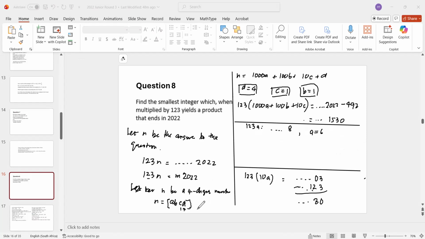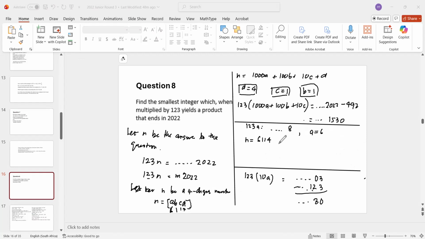In fact, we've solved the problem. We had that B is equal to 1 and A equals 6. We wanted a 4-digit number. We got all 4 digits. So therefore, N is equal to 6,114. Okay, so that's the answer.